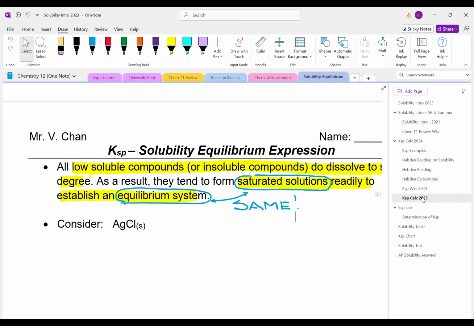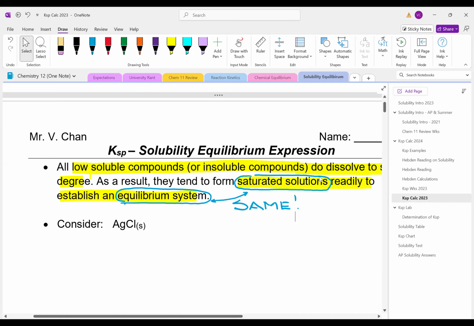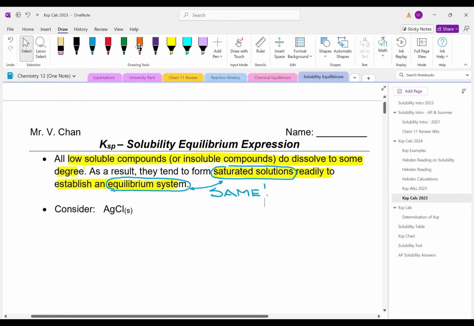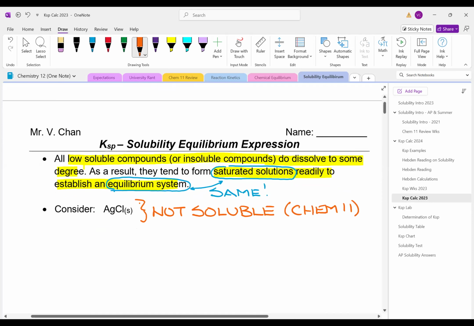Now, let's say we consider AgCl. AgCl was not soluble when we talked about it in Chem 11.